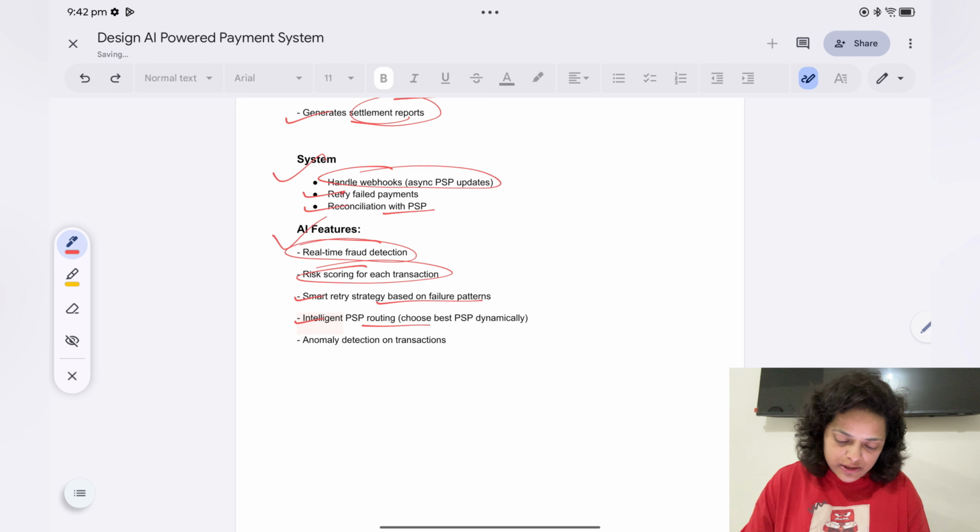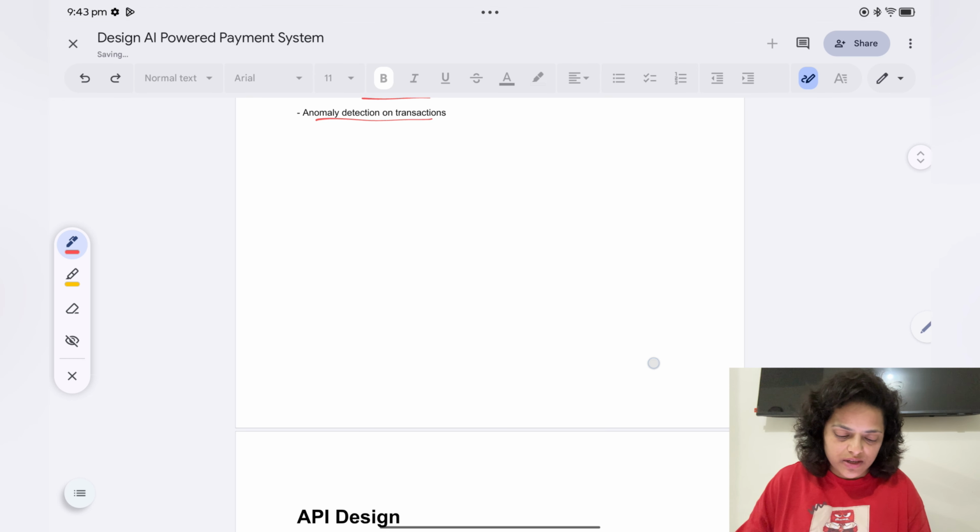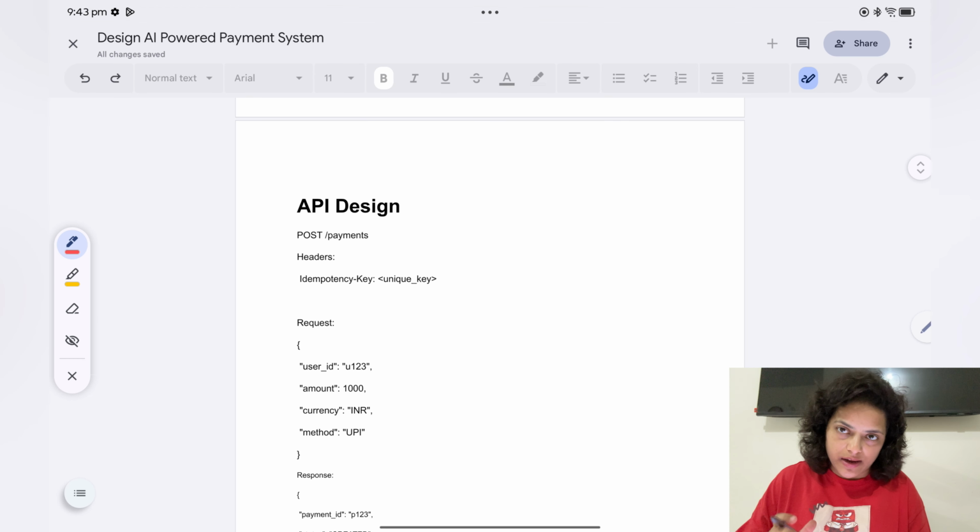Then intelligent PSP routing: choose the best PSP dynamically. We can have multiple PSPs, and dynamically we will choose the best one, which has low latency, low cost, and minimum load. Now anomaly detection on transactions. All these features we can achieve through AI here.